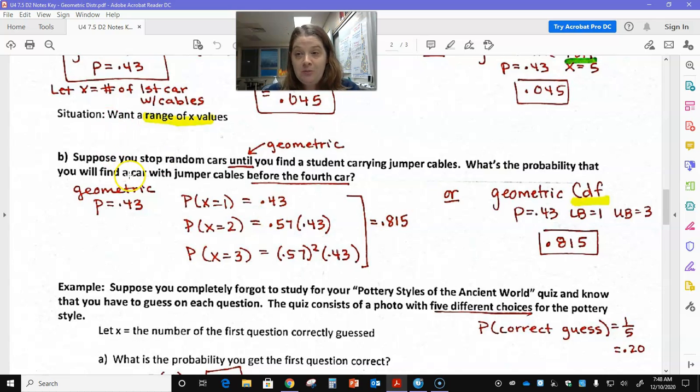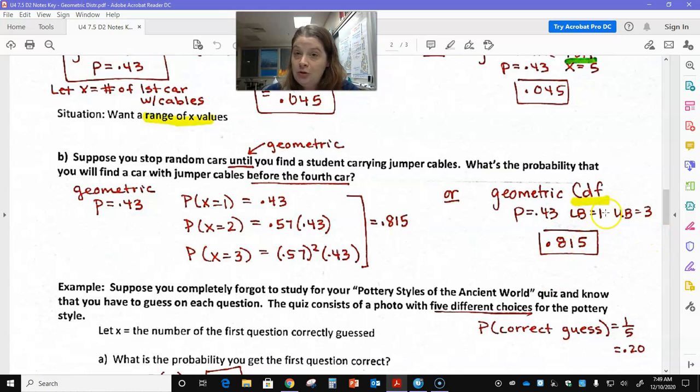If I wanted to do this by hand, it's geometric. P is 0.43. It could be the first car, that's 0.43, or the second car, failure, success, 0.57 times 0.43, or the third car, failure, failure, success, 0.57, 0.57, 0.43. I add up these three products and I end up with 0.815.